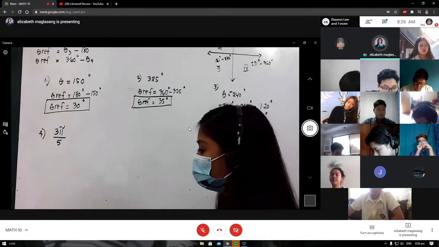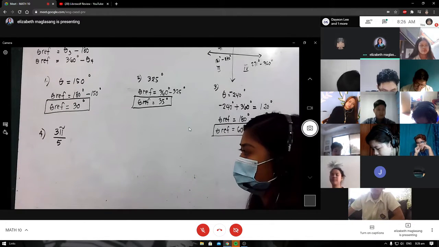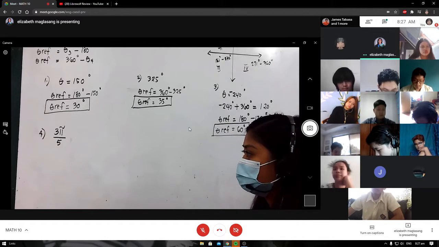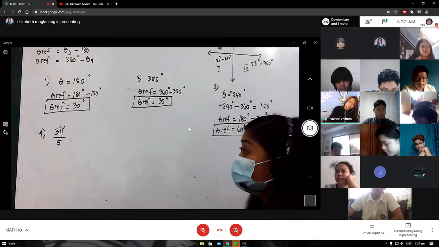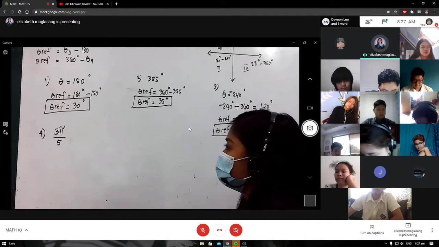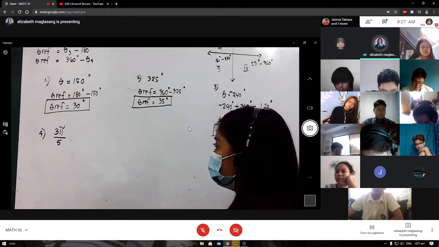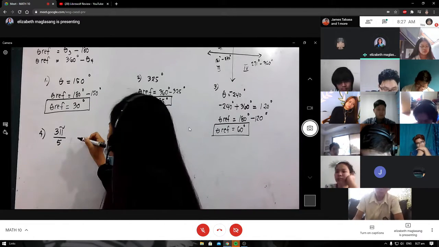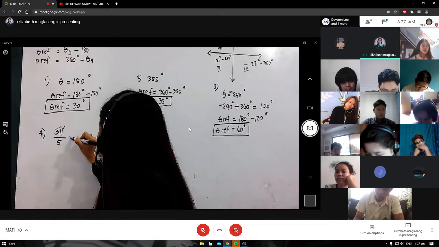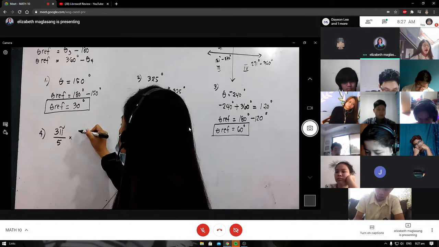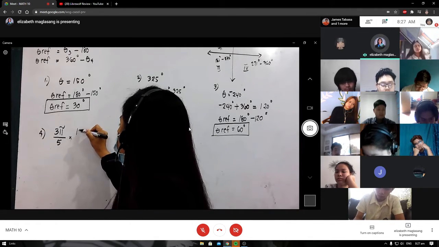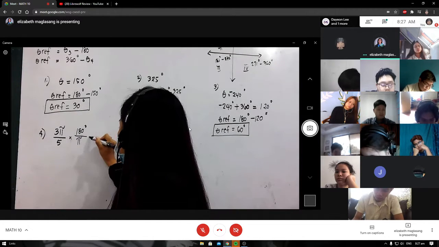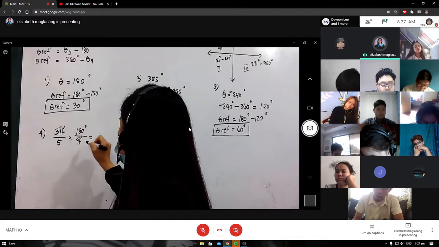How are you going to get the reference angle? Convert the radian to degrees. To convert it, you multiply by 180 degrees over pi, and cancel the pi.